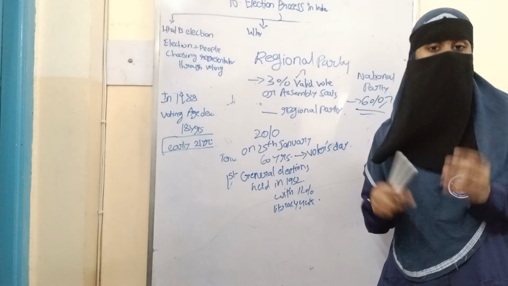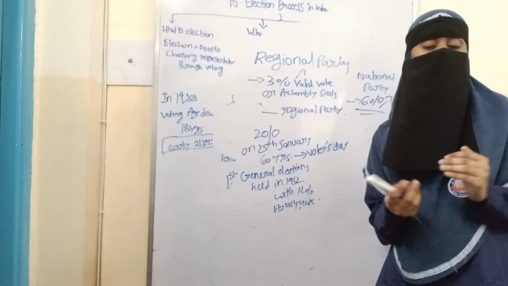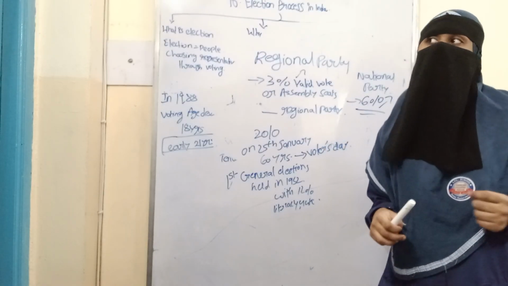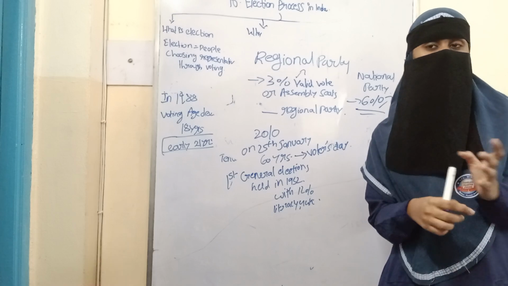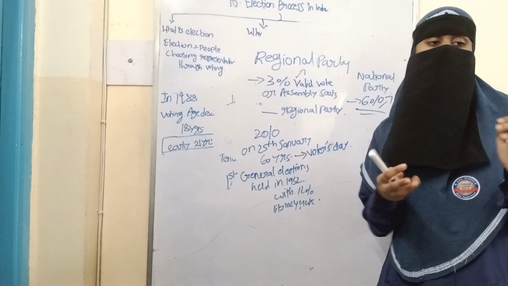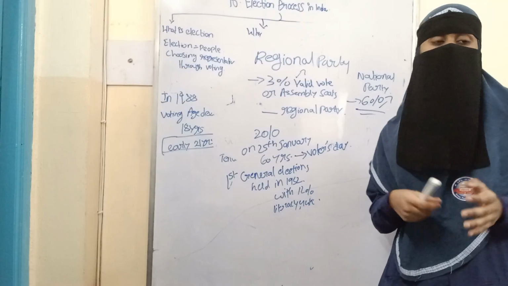The people were not that educated and did not know to whom they had to give the vote, because they had no knowledge of any political party, of the constitution, or of the rules and laws.